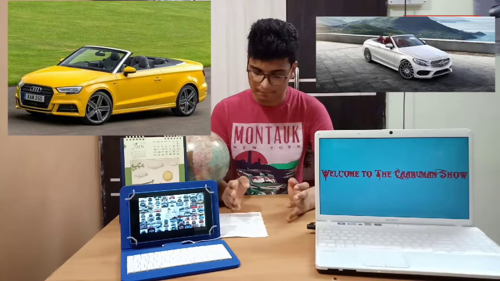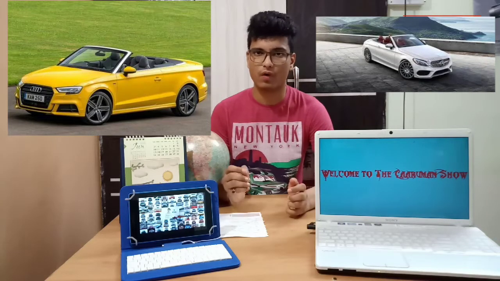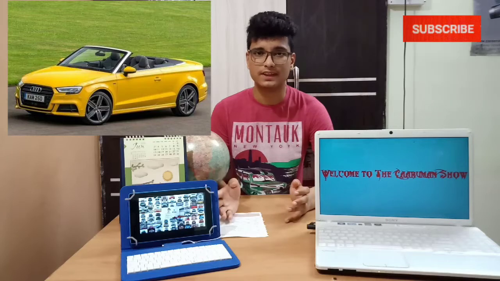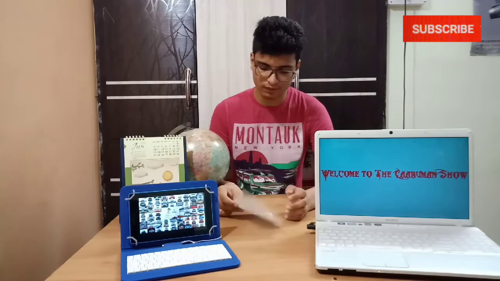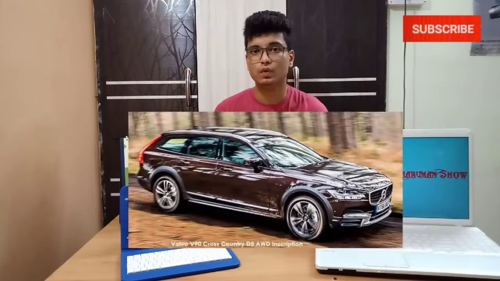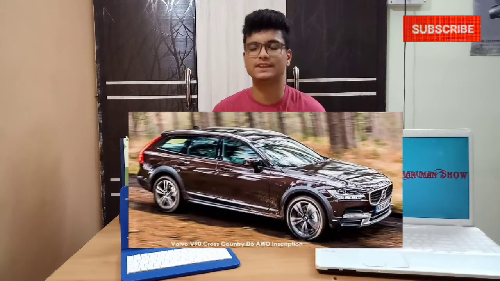Examples of a convertible are Audi A3 Cabriolet, Mercedes-Benz C Cabriolet.